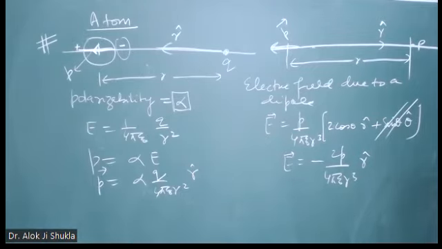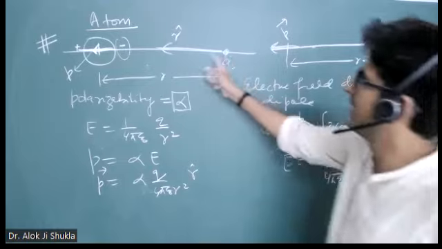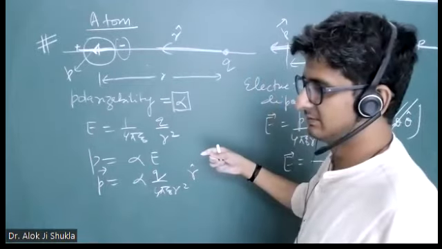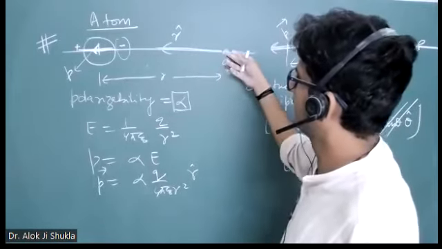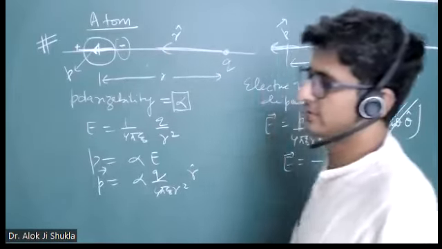Sir, will it not oscillate? Why would it oscillate? As soon as you displace it, it will run this way. There is nothing to stop it, right? It will just run into it.